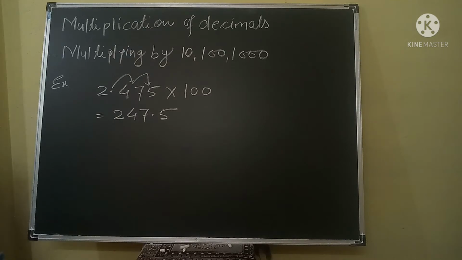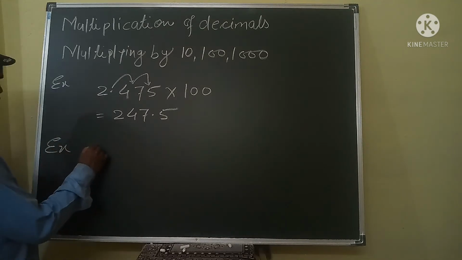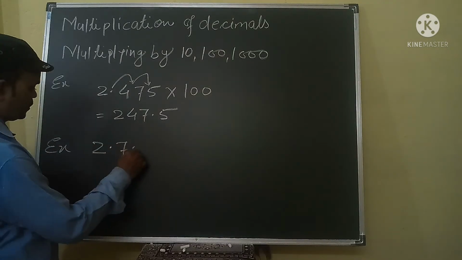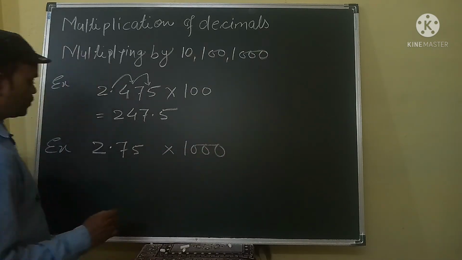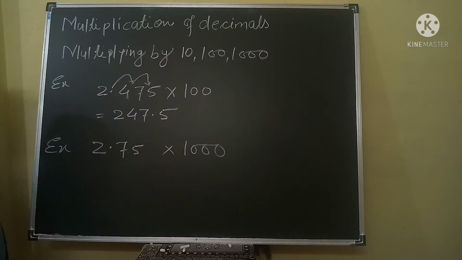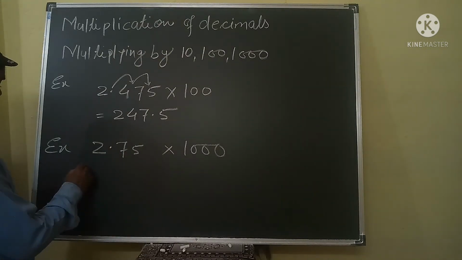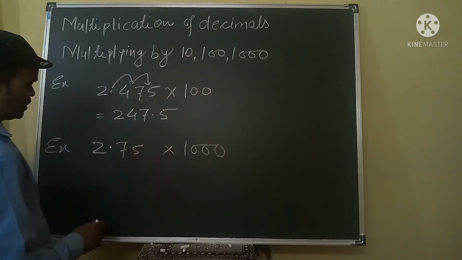Again, I have one more question. Now look here. Suppose this is 2.75 into 1000. So what will we do?